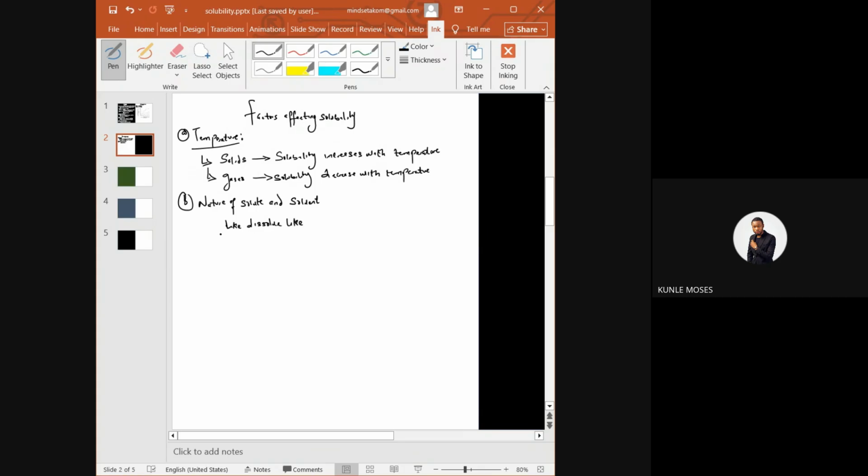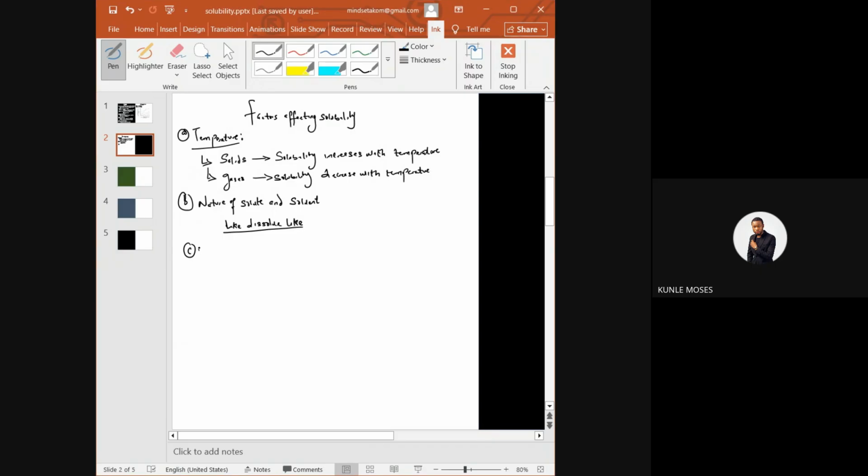So there's a particular solvent that can dissolve a particular solute, and there are particular solutes that can be dissolved by a particular solvent. For example, sugar and water, grease and petrol, paint and turpentine, and all like that. So this one talks about a substance dissolving a like substance.